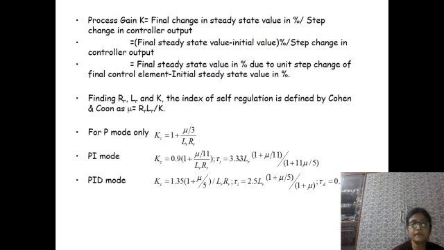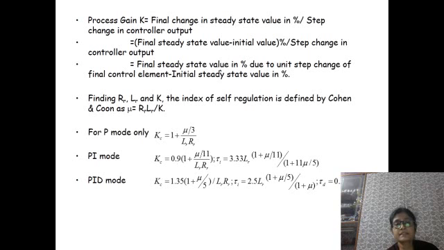Then for the PID controller, the process gain is the final change in steady state in percentage by the step change in controller output. As we have calculated, this process gain has a relationship with PB. This is the final change in steady state, means the final steady state value minus the initial value, by the step change in controller output.